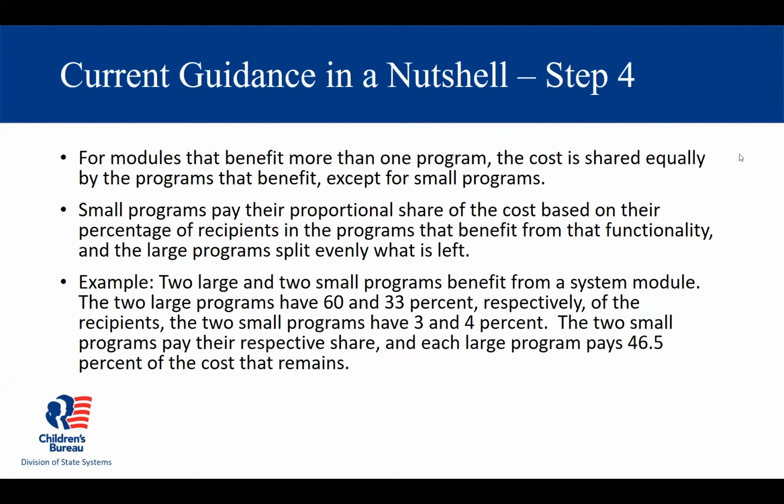The second large program represents 33%, and then you have 2 small programs that have 3 or 4% of the recipients respectively. So for instance, if you had a module that cost $100,000, the small programs would be allocated $3,000 and $4,000, and the remaining 93% would be split evenly, and each of the large programs would pay $46,500 each. Next slide.